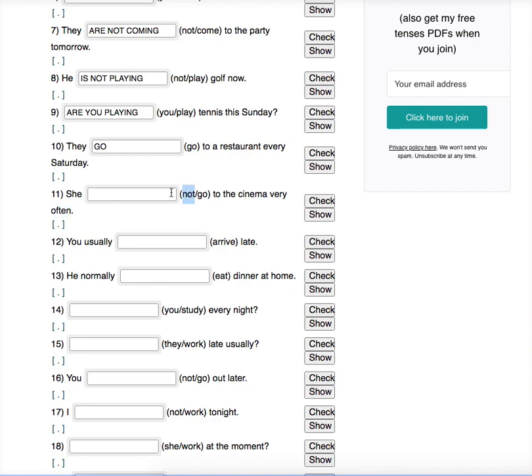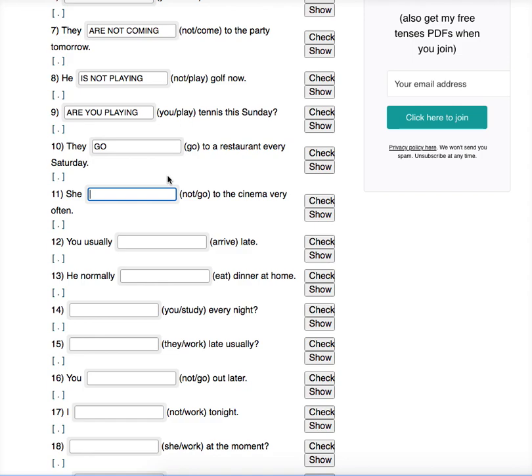It's negative. Go ahead, Pachito. She. Negative in simple. Use your auxiliary verb. She isn't. In simple.